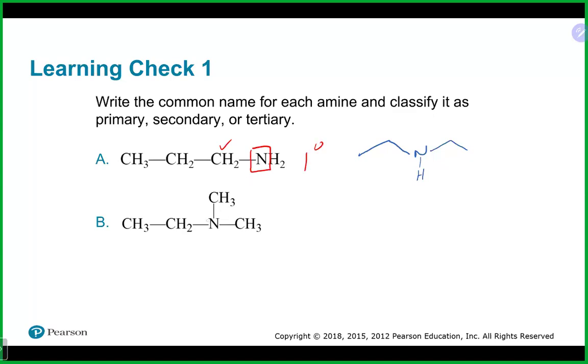Guy on B is a tertiary, 1, 2, and 3. And the one I drew is a secondary. Here's our nitrogen, carbon there, and carbon there would be, again, a secondary in this case. Any questions on those there? Okay.